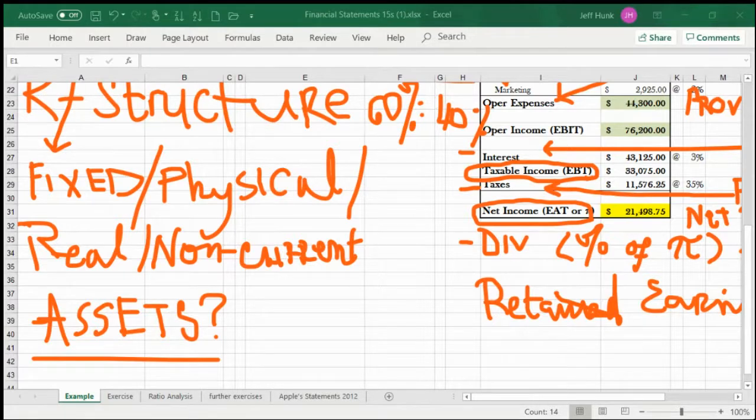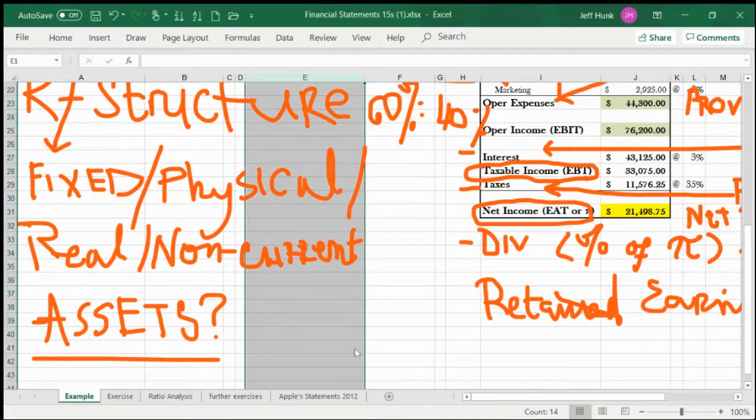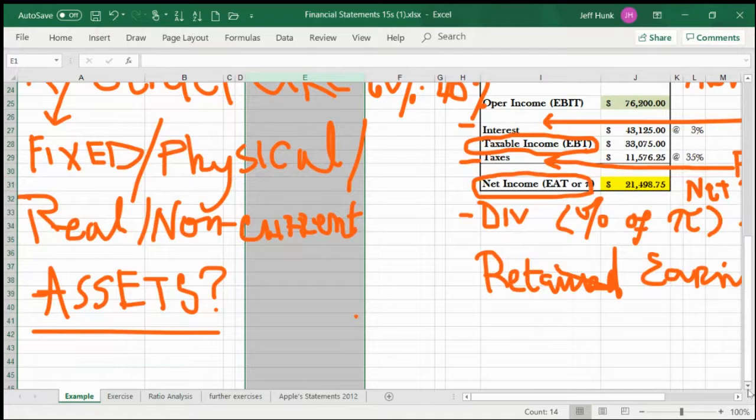Now, in our last video, we stopped right before defining the assets, because assets is a term that is used very broadly.